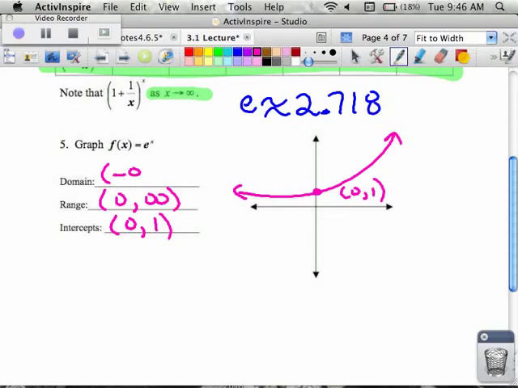The domain, there aren't any restrictions. I can put anything I want in there. That's why it's negative infinity to infinity. And if I'm looking for the asymptote, I know that it's going to be y equals 0, just like my other exponentials. So e, even though it's an irrational number, acts like any other constant base for your exponential.